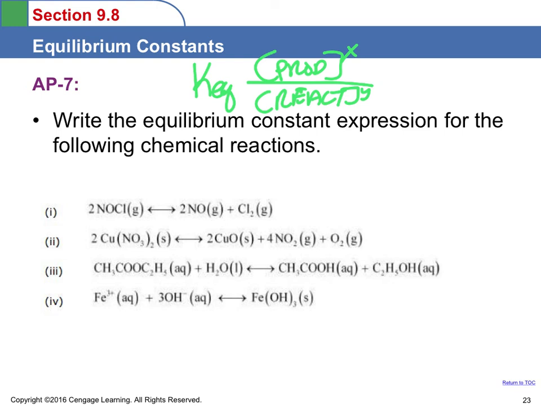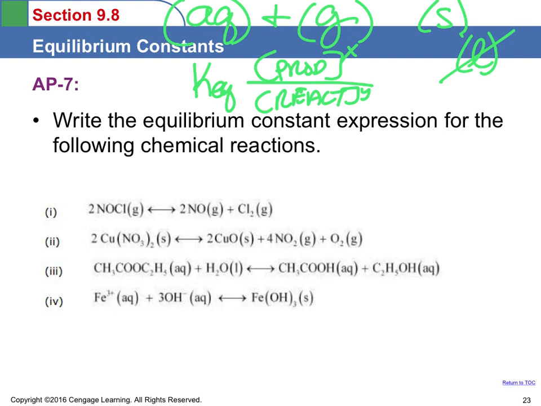The other thing to keep in mind when you write these is you're only going to use concentrations for aqueous and gas. If you have something that is solid or liquid, those substances are not included in your KEQ equation.